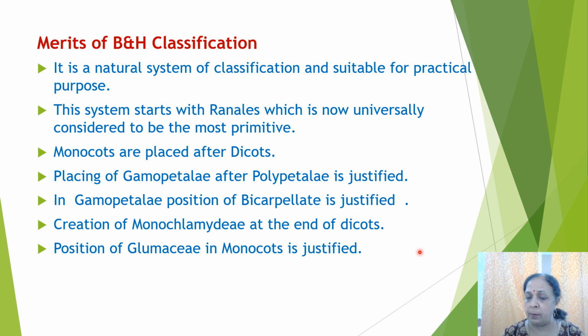Our phylogenetic principles also accept the Glumaceae as the most advanced family. So this is a natural system of classification, but it follows the phylogenetic trends all over the plan of this classification.